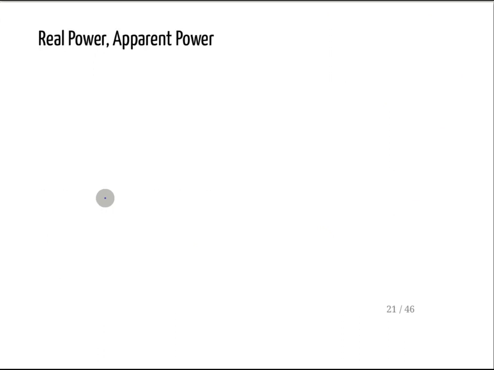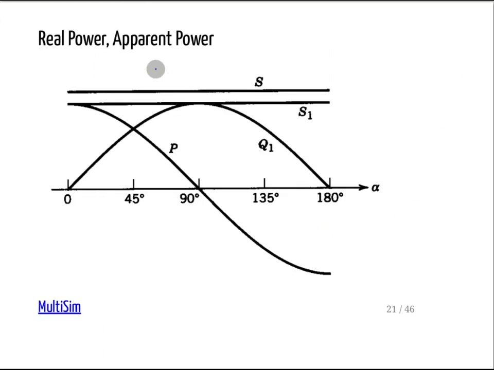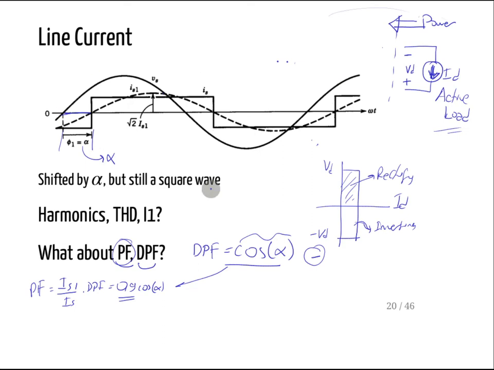The real power factor is slightly lower than the displacement power factor, because displacement power factor only takes into account the fundamental component. Actually, I think I have a better graph. Here you see the comparison. This is our real power flow. If you just look at the fundamental component, when alpha is equal to 0, the displacement power factor will be 1.